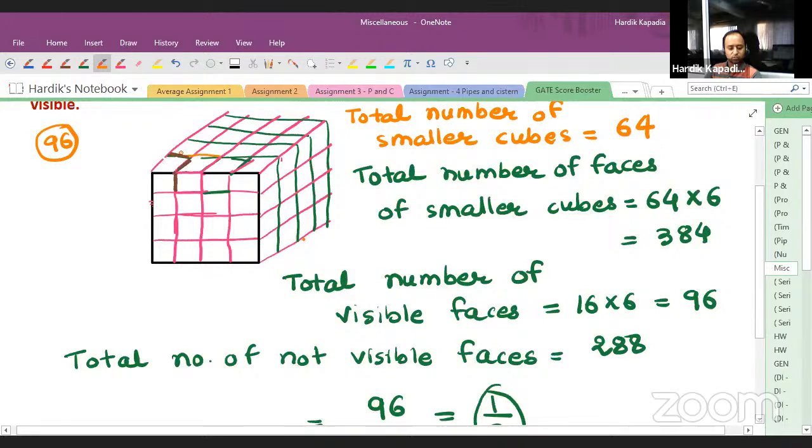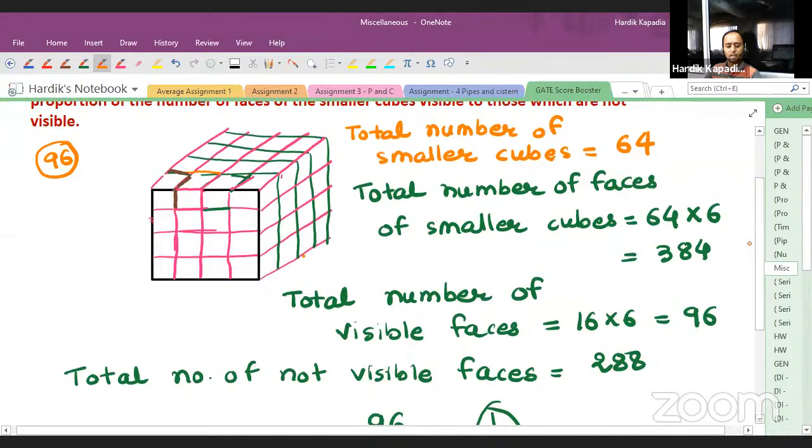So now what is asked? The surface area of this cube is 96. Now if I remove all the smaller cubes from the corner, just pay attention, like this cube, this cube, this cube, this one, this one, this one, this one, and below one.